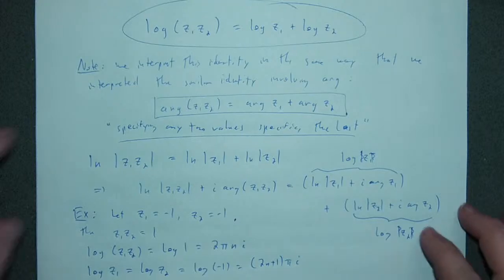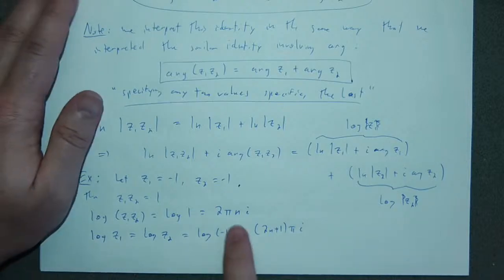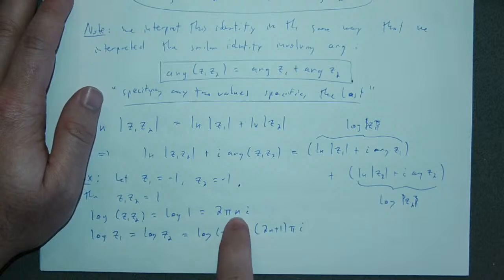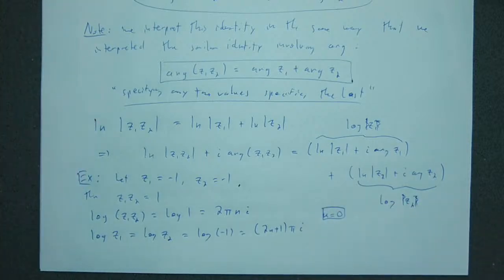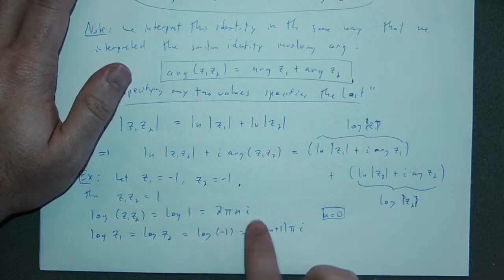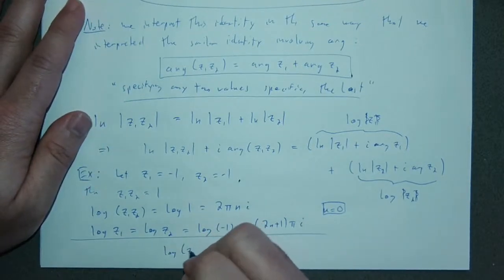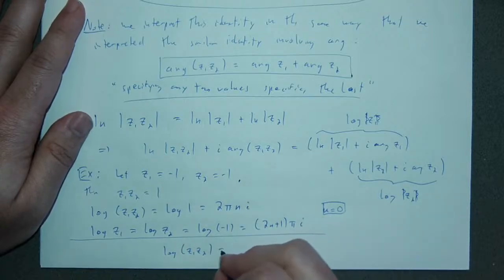But then, if that is the case here, then if I take principal values, so when n is equal to 0, the values I'm taking would be: log of z sub 1 times z sub 2, if I take n equals 0, this would be 0.